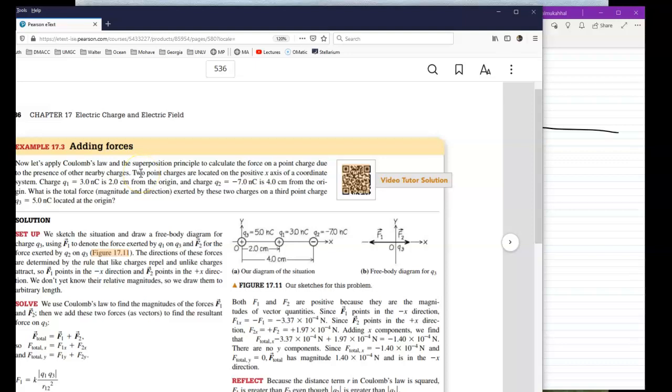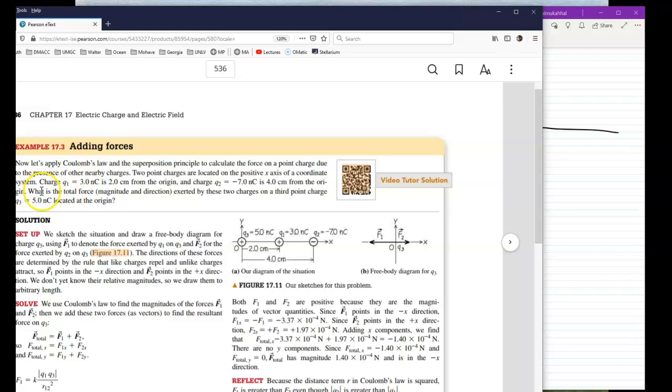Okay, so here's where the problem starts. Two point charges are located on the positive x-axis of a coordinate system. So we have a Cartesian system. Here's y and this is x right there. Charge 1 is equal to 3 nanocoulombs at 2 centimeters from the origin, and charge 2 is equal to negative 7 nanocoulombs, and is 4 centimeters from the origin.